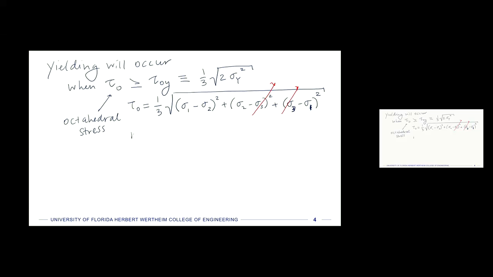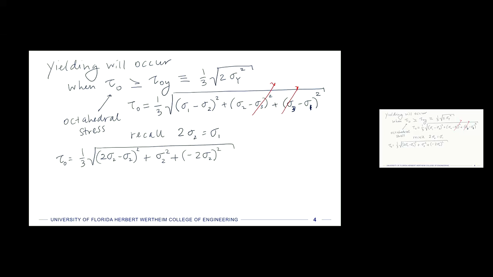And recall that 2 times sigma 2 is equal to sigma 1. All right, so we're also going to plug that in and come up with, so I'll write it out here. So tau naught equals 1/3 times the square root of sigma 1 minus sigma 2, which will be 2 sigma 2 minus sigma 2 squared, right, plus, and then we just have sigma 2 squared plus minus 2 sigma 2 squared.